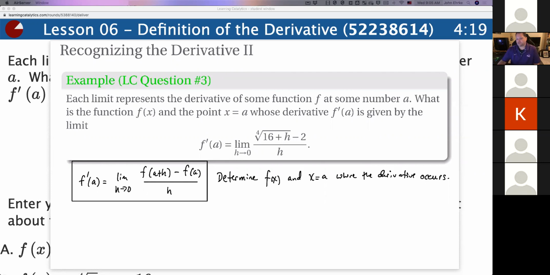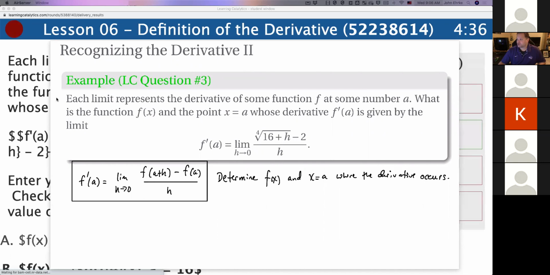All right, about another 10 seconds. If you haven't responded, please do so. All right, everybody that's logged into Learning Catalytics has responded. So let's take a look at the results.